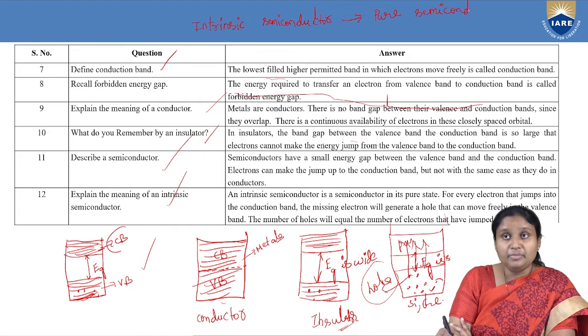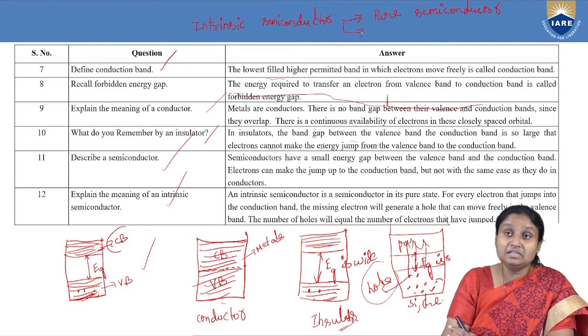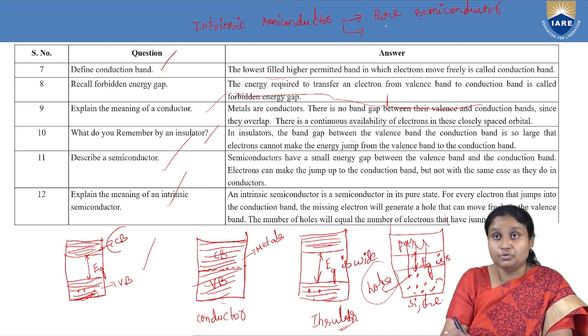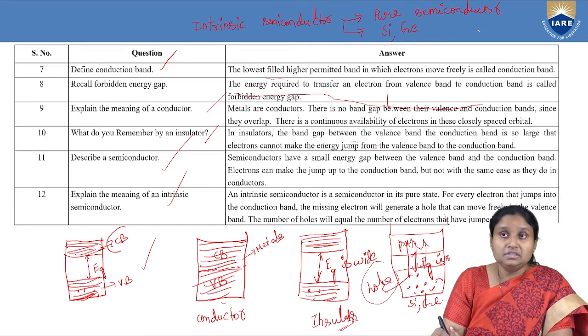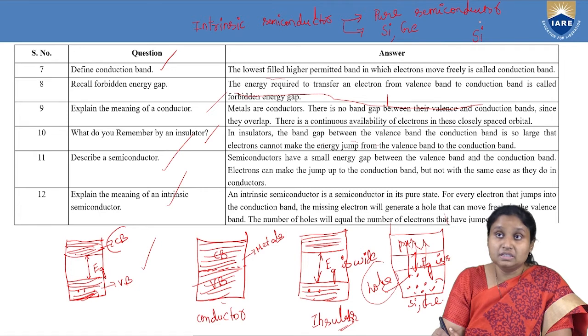The best examples of intrinsic semiconductors are our elemental semiconductors which belong to group 4, here silicon and germanium. Generally at T equal to 0 kelvins, they are insulators. Why? Because whatever valence electrons are there, they are taking part in covalent bonds, so there are no free electrons. So at T equal to 0 kelvins, they are insulators.